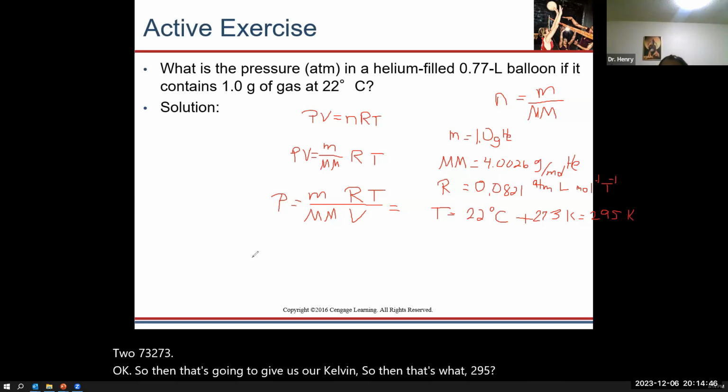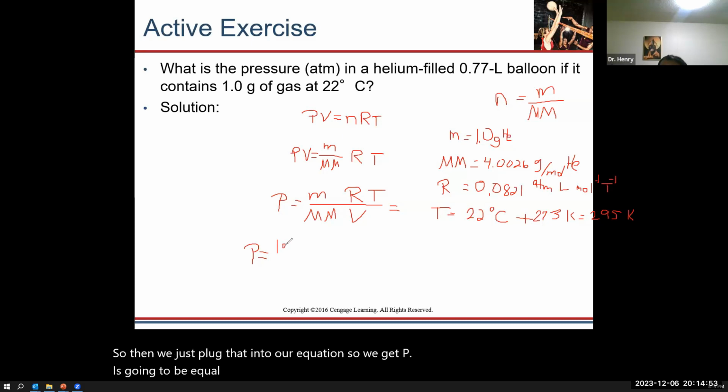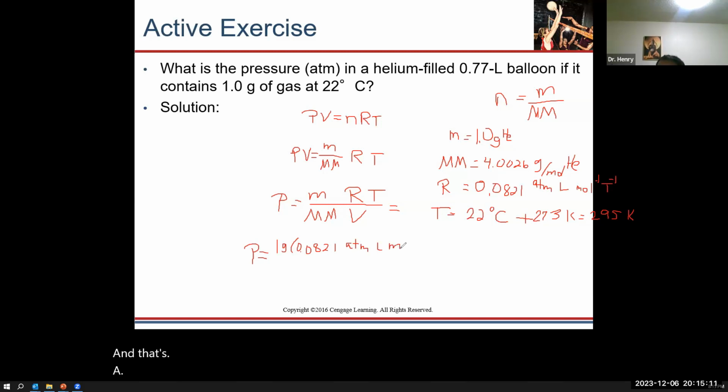So then we just plug that into our equation. So we get P is going to be equal to 1 gram times 0.0821, and that's ATM, liters, moles to the -1, and Kelvin to the -1.